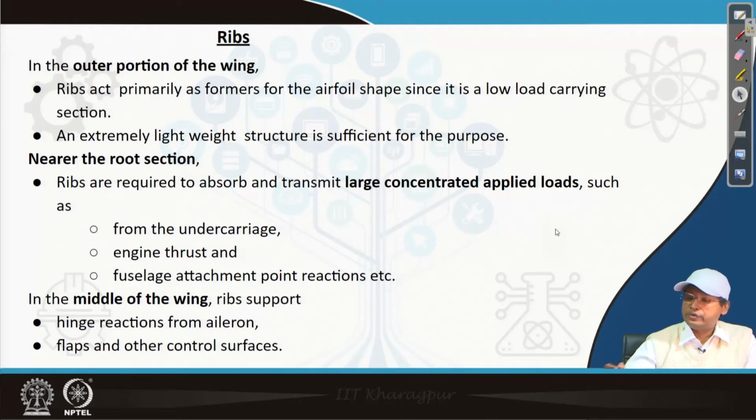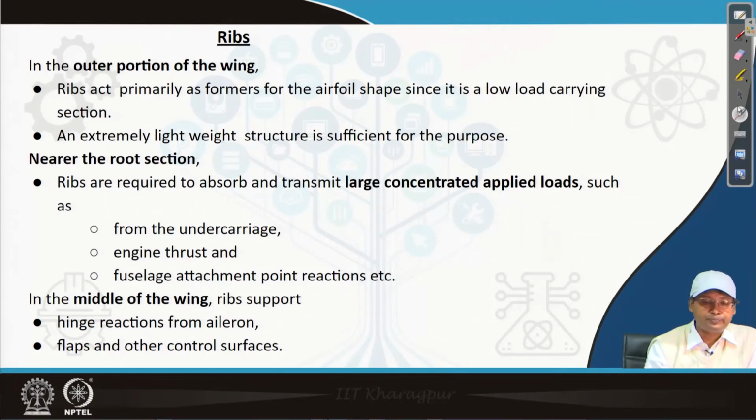More on ribs, let us see the outer portion of the wing. In the outer portion of the wing, ribs act primarily as formers for the airfoil shape, since it is a low load carrying section.